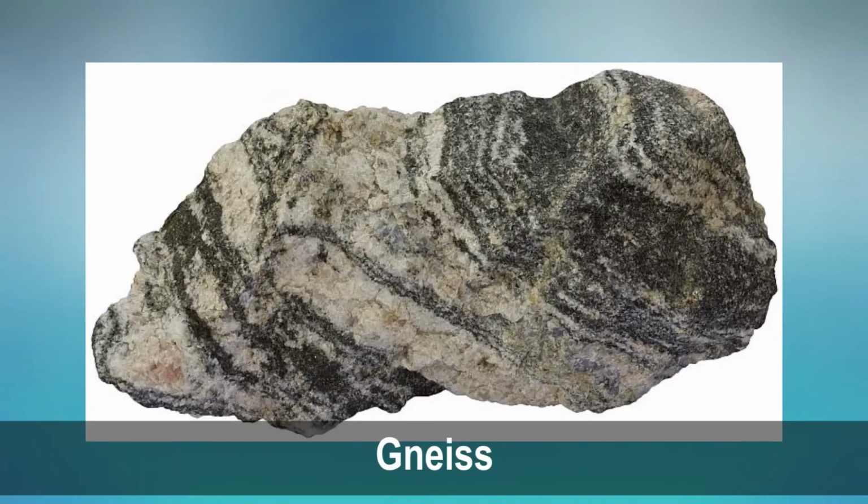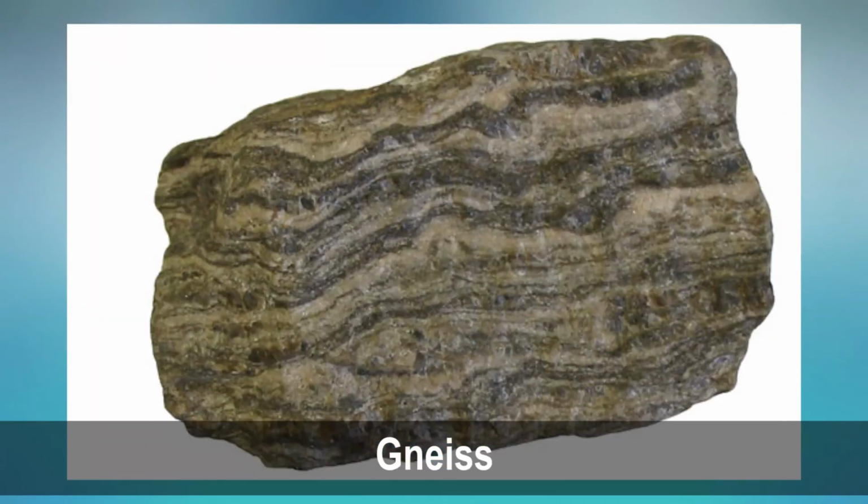It splits parallel to a surface, generally along mica or hornblende layers, into plates or blocks of a few centimeters. The term is almost exclusively used for rocks containing abundant feldspar and quartz. Unlike schist, the gneiss contains bands that are dissimilar in both texture and mineral composition.